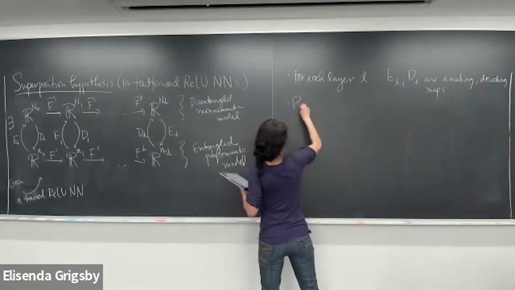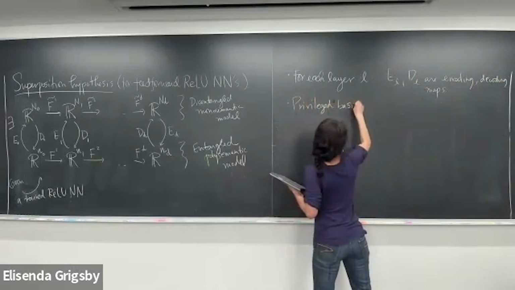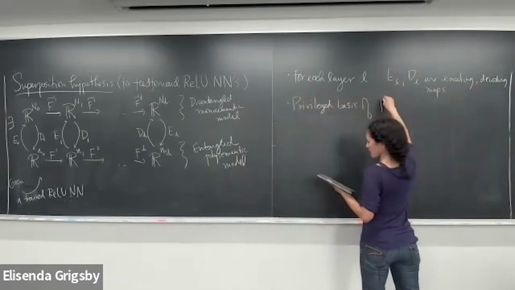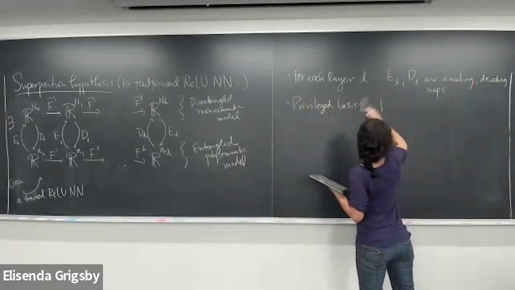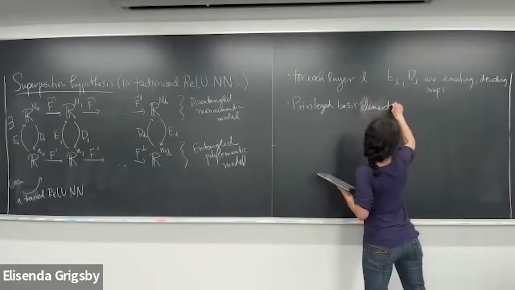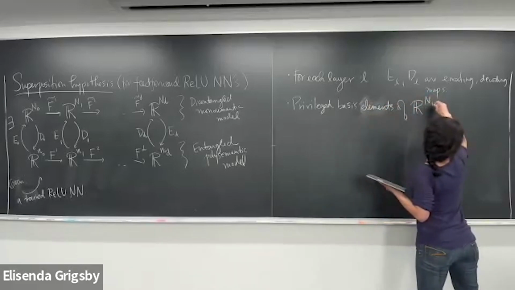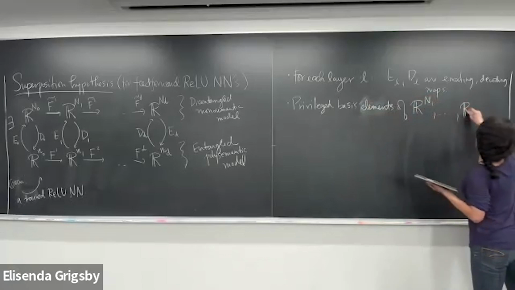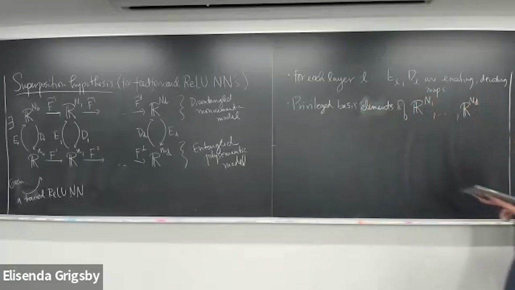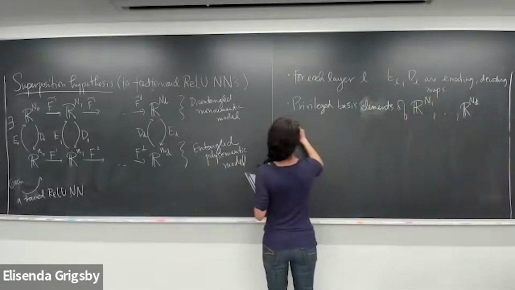And the important point is that the privileged basis elements of R^{n_1} to R^{n_d} correspond bijectively to human interpretable concepts.